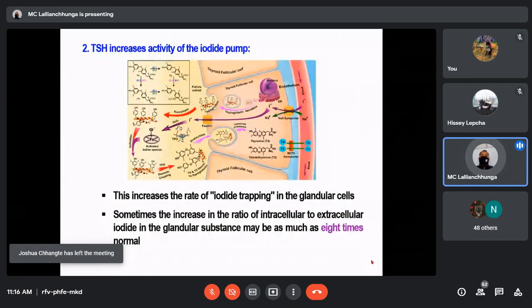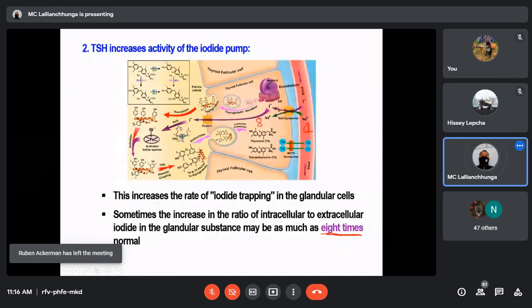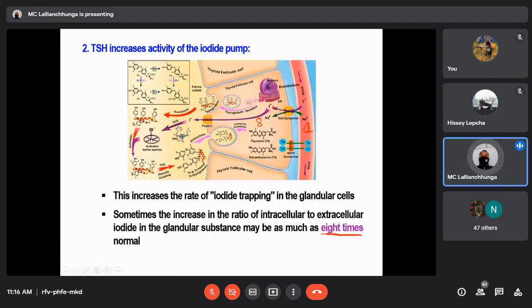So the ratio may be 8 times normal. The concentration of iodide here may be 8 times higher than that of the blood. Let's say here it is only 1, and inside the concentration will be 8. This increased activity of the sodium iodide symporter is because of the activity of TSH.